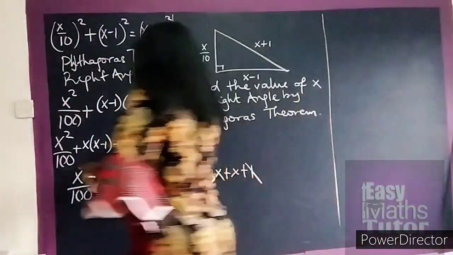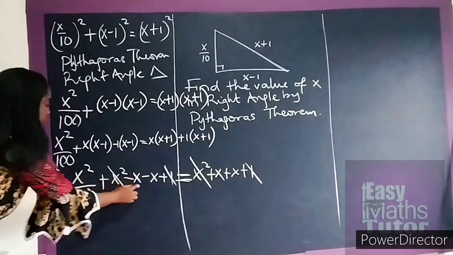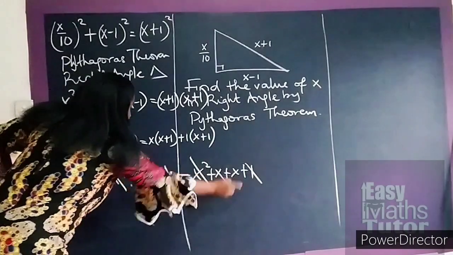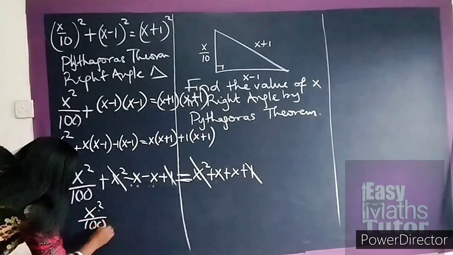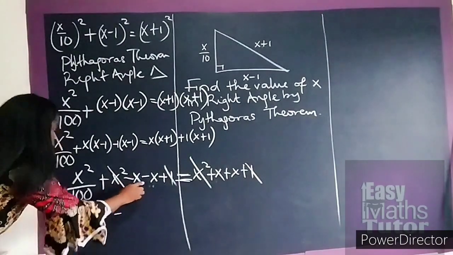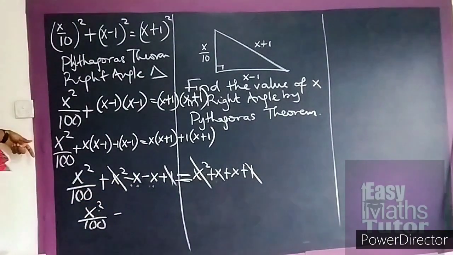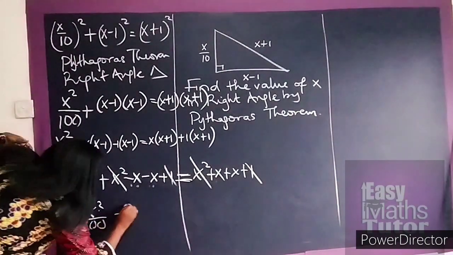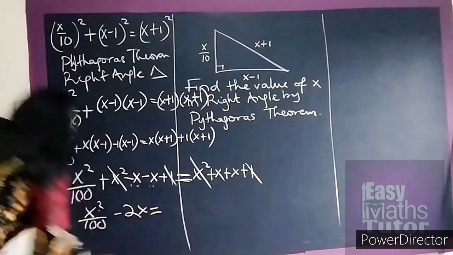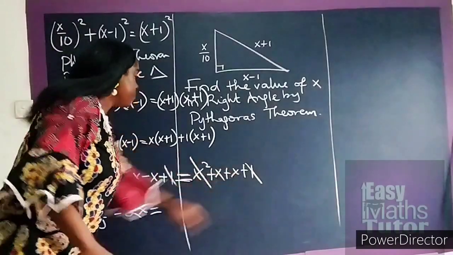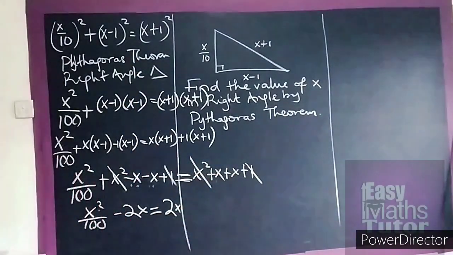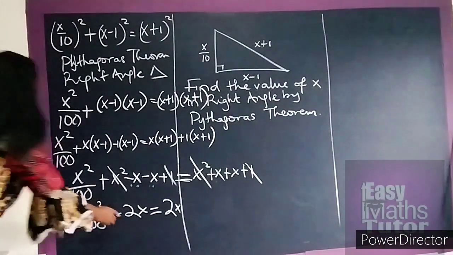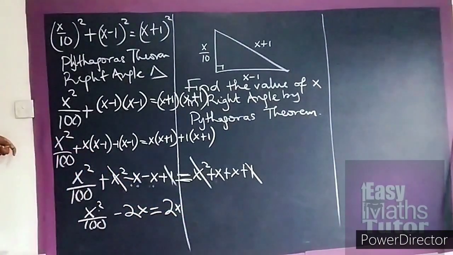Leaving us with minus x plus x. So we have x squared over 100, minus x is the same thing as minus 2x. Plus x is the same thing as what? 2x.